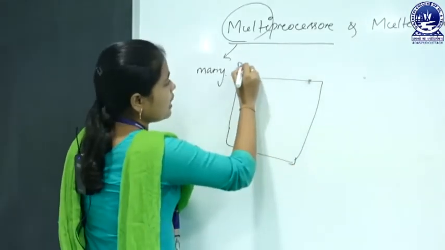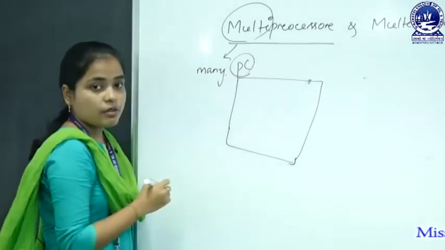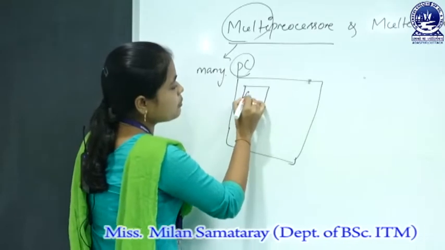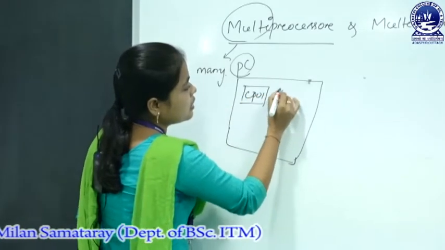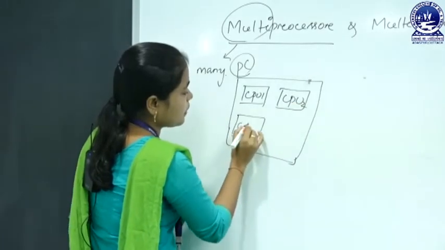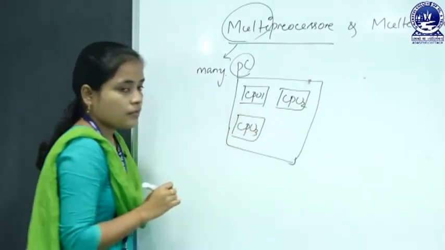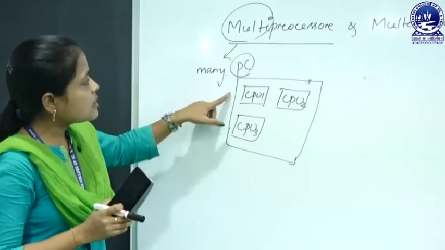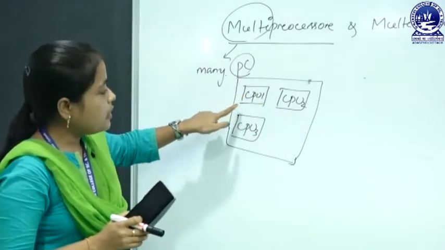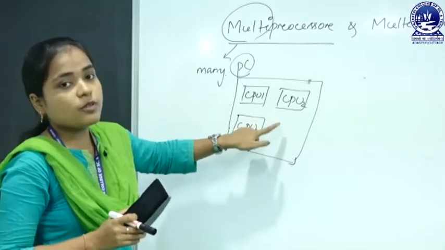Okay. This is one PC, personal computer, but within that PC we are having multiple CPUs. Let CPU 1, it is CPU 2, like this. Okay. That means, this system or this PC is having 4 CPUs or 4 processors.